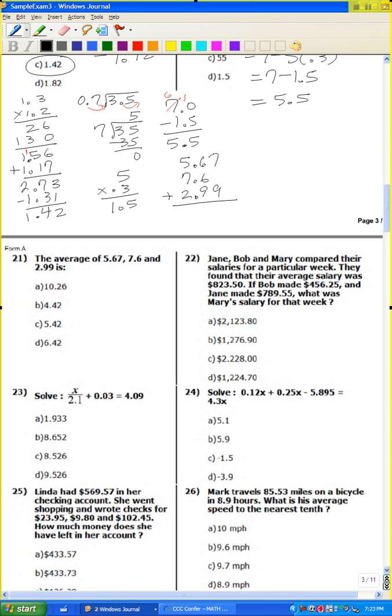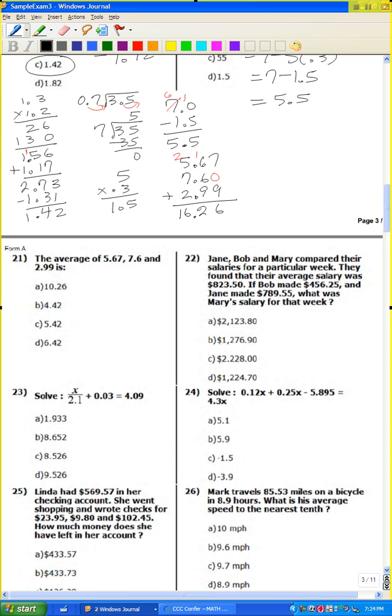And so there'll be, let me put a 0 here. 16, carry the 1. 22, carry the 2. 16.